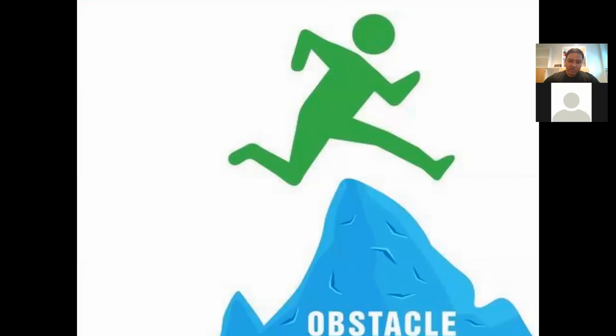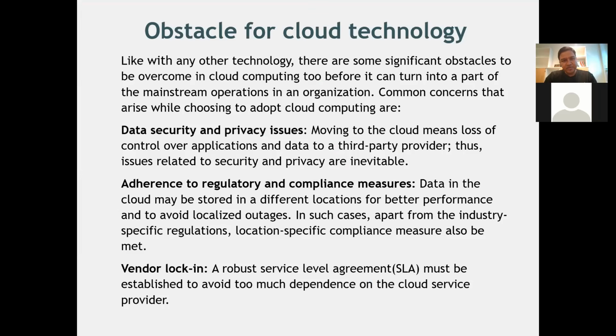But moving to the cloud comes with obstacles. Change is many times an obstacle, though change is a constant thing. Whenever change happens, people feel challenges. So there are obstacles in cloud computing. What are they? There are data security and privacy issues.